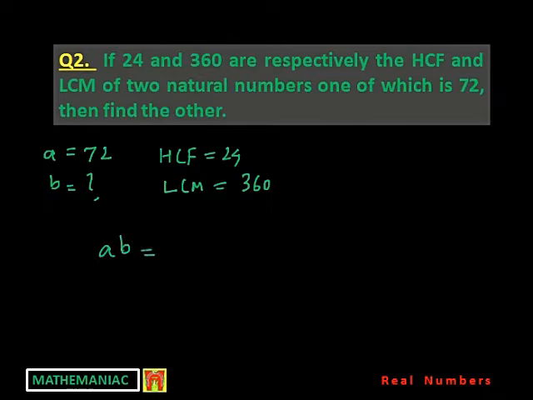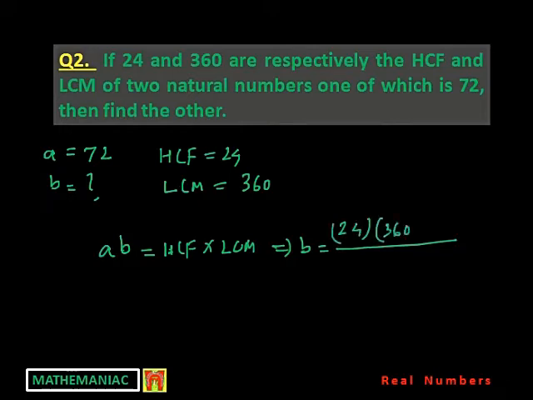Already you got a rule. You will write, we know that AB equals the product of HCF into LCM, and then do not put the value of this and do not multiply this. Simply you write B equal to HCF, which is 24, times LCM, which is 360, divided by 72.